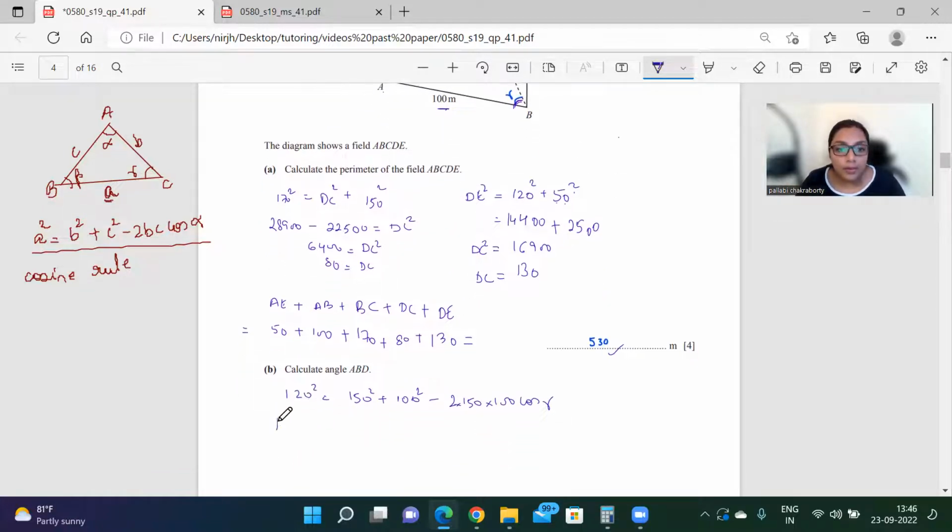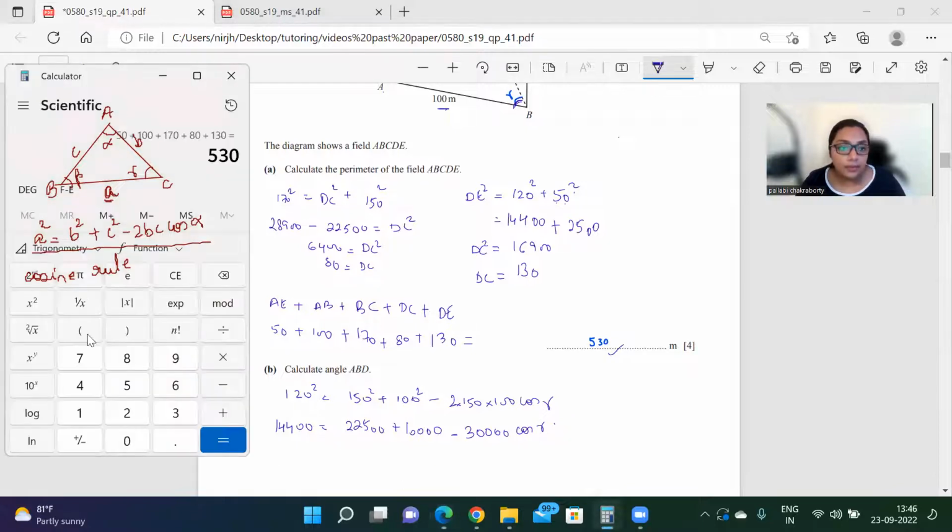Now 120 square is 14400, which is equal to 22500 plus 10,000 minus 2 into 150 into 100, which will be 300 into 100, again 30000 cos gamma, right? This is what we get. Solving this further, let's use the calculator if there is any doubt.